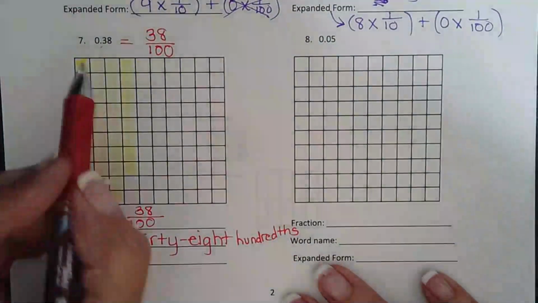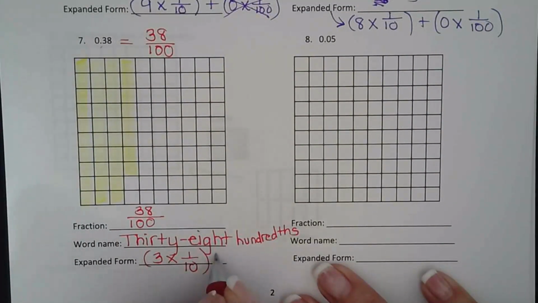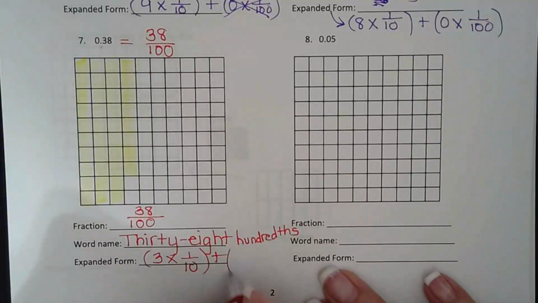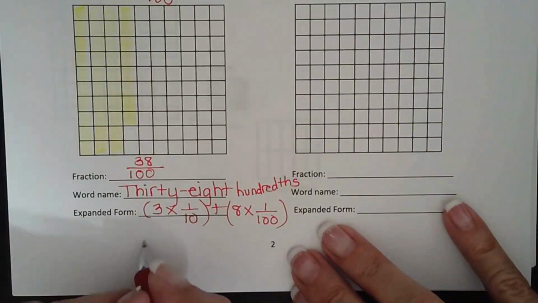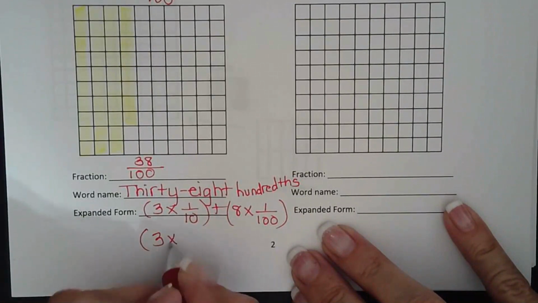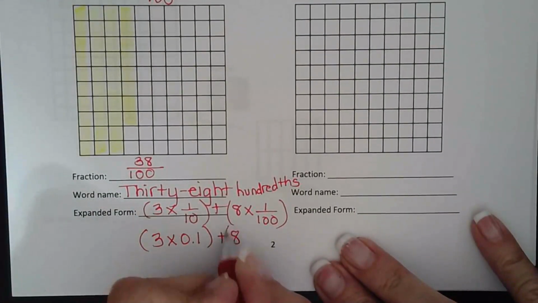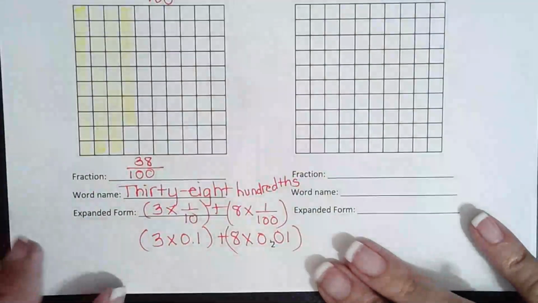Place value: 3 is in the tenths place, so that would be 3 times 1/10, plus 8 is in the hundredths place, 8 times 1 over 100. And remember, like I said, it's interchangeable on this, I hear. So if you like this way better, 3 is in the tenths place, plus 8 is in the hundredths place, help yourself. Whatever you're more comfortable with.